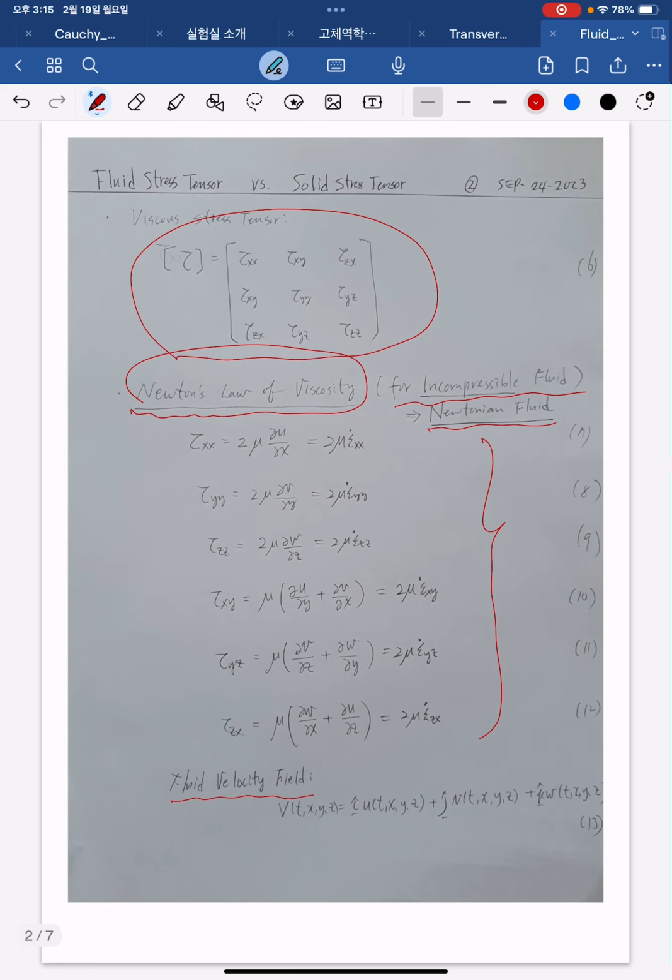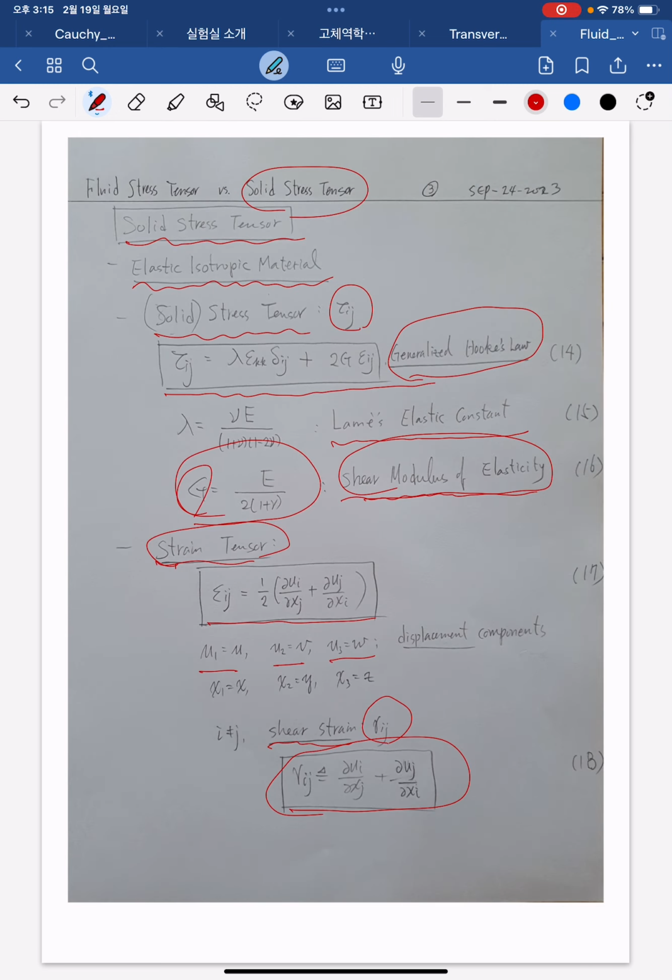Meanwhile, the solid stress tensor and solid strain are related by the generalized Hooke's law using these equations.